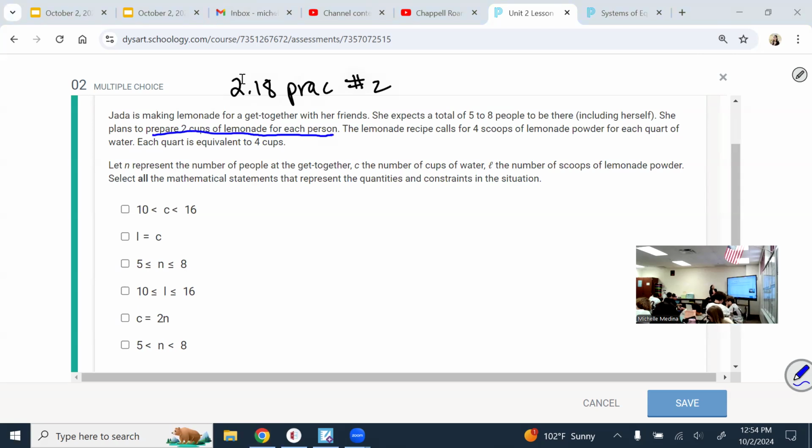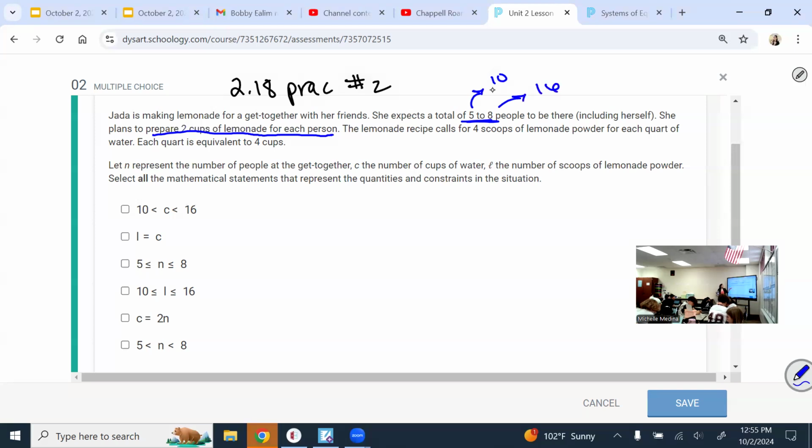Did they say how many people there would be? Five to 8 people. So she wants 2 cups for 5 to 8 people. Then if there's only 5 people there, how many cups would she have? If there are 8 people there, how many cups would she have?